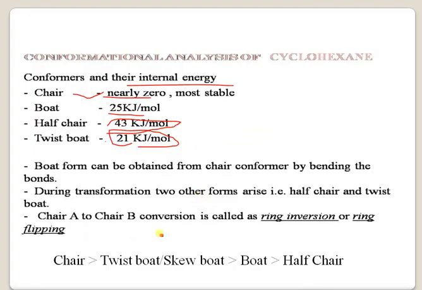That's why chair is more stable than twist boat, which is also called skew boat, and this is more stable than boat, which is more stable than half chair, means the half chair is the least stable conformation of cyclohexane.